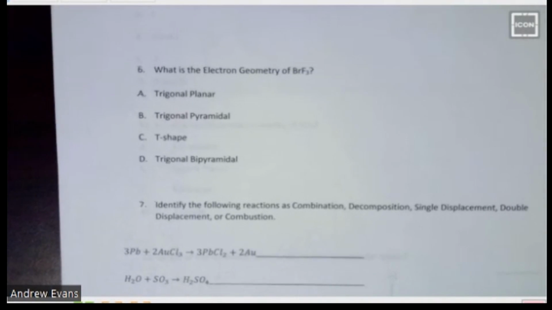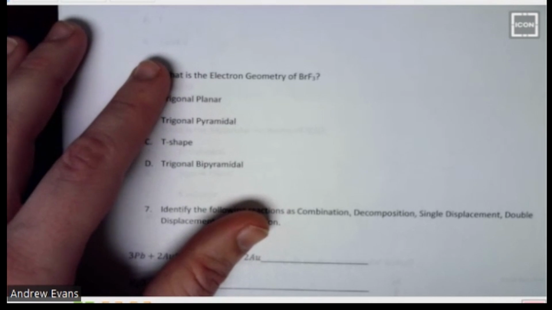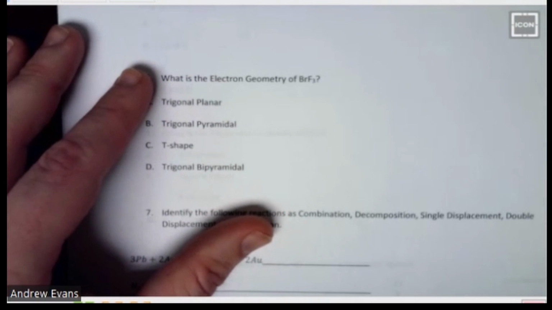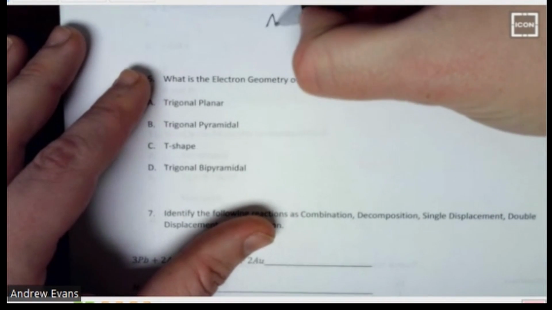Draw a valid Lewis structure for this compound. CH3CH2NH(CH3), ethyl methylamine. So the amine is the nitrogen.